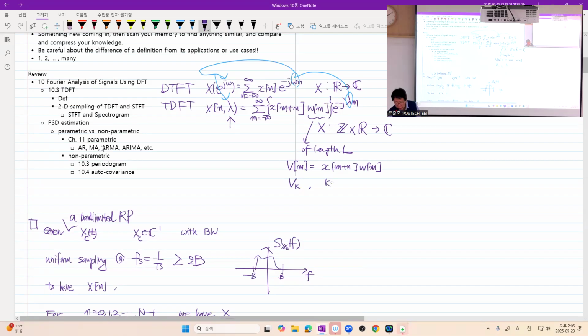Then we get capital N complex values, from 0 to N minus 1, which corresponds to what? Which corresponds to X of n. And what about this lambda? Lambda is 2 pi k over N. Got it? So under certain conditions, like a rectangular window of length L, and we pad zeros, so we have an N-point DFT.